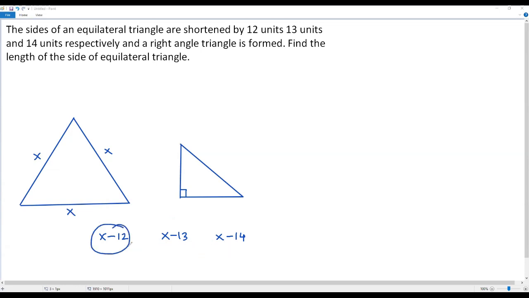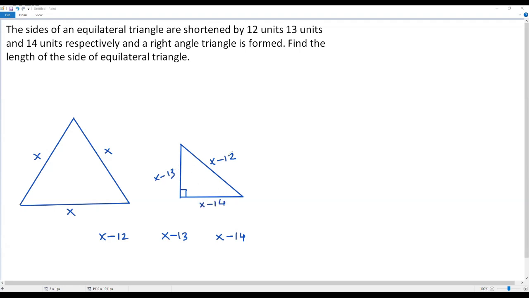So in this one, we have subtracted the smallest value, 12, from x. So this must have the greatest value among all three. So x minus 12 must represent the hypotenuse of the triangle, because in this only we have subtracted the smallest value from x. So x minus 12 is the hypotenuse, and the remaining two legs are x minus 13, and here we can take x minus 14.